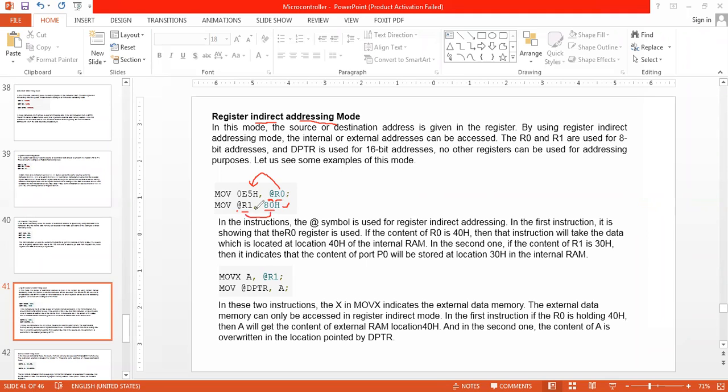Say for an example, this one also I will make it as R0. Basically R0 is having one data, 12H.